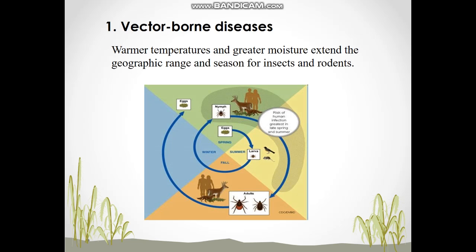Let's start with the vector-borne diseases that you are familiar with. Overall, warmer temperatures and higher humidity can expand the geographic range and seasonal activities of insects and rodents. As you remember from the Lyme disease lecture, in the spring and summer of the second year, the risk of human exposure to Lyme disease ticks was highest because of nymph activities in spring and summer.